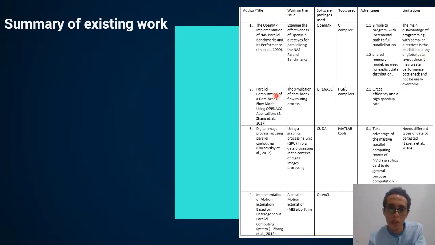The second research paper was on the topic, parallel computation of a dam break flow model using OpenACC application. This paper was conducted by Zhang in 2017. He worked on the issue of simulating the dam break flow routing process. The software package that he used is OpenACC, along with PGI and C compilers as the tools.